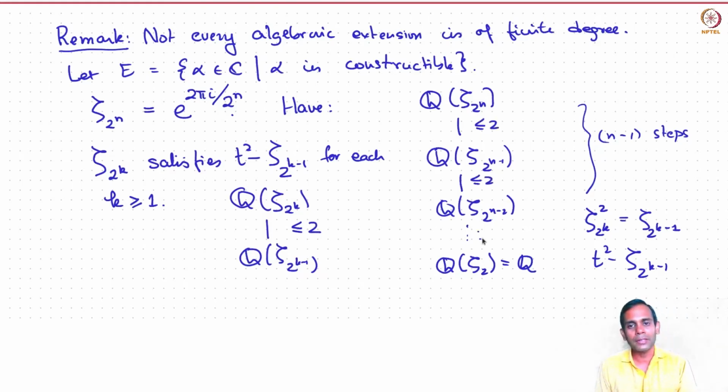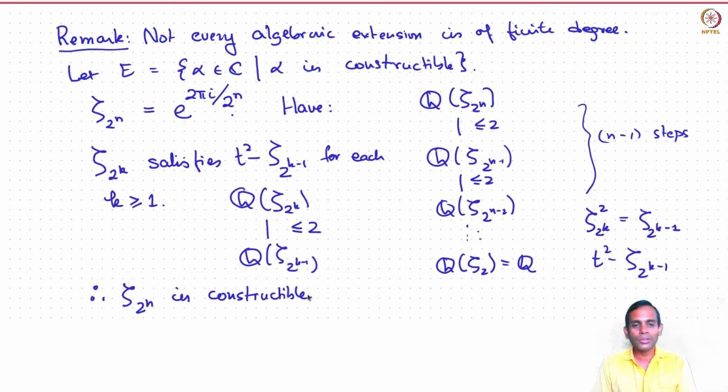If it has degree strictly less than 2, then those fields are the same. So in any case, this is a tower of quadratic extensions. Therefore zeta_{2^n} is constructible by our characterization of constructible numbers.